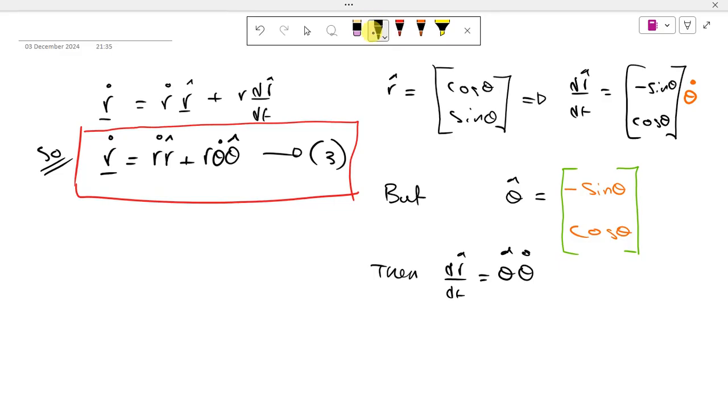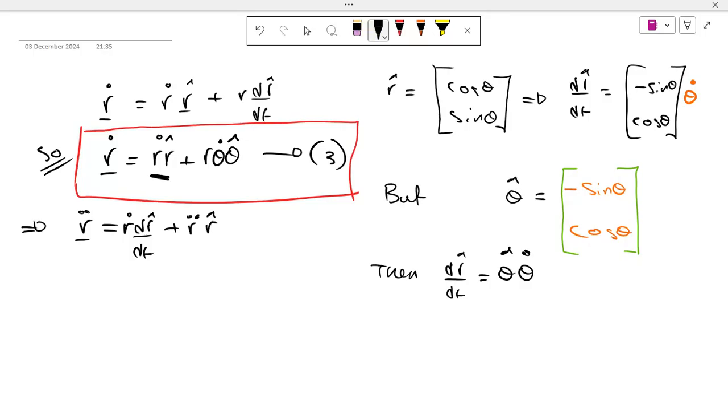So when we differentiate this again, we get r double dot equal to, well, we've got an r dot, which I'll leave alone, r dot times dr hat by dt plus r double dot r hat.